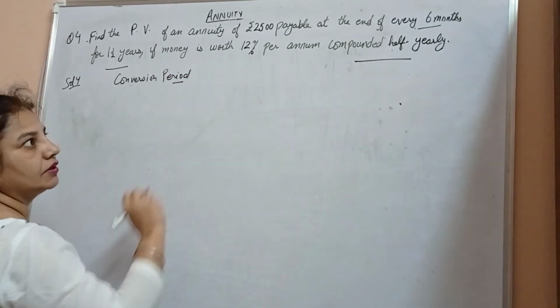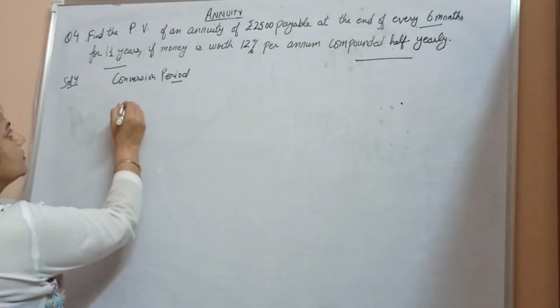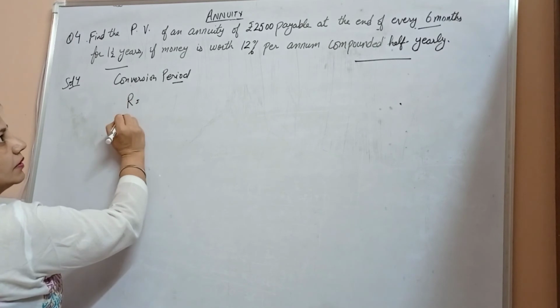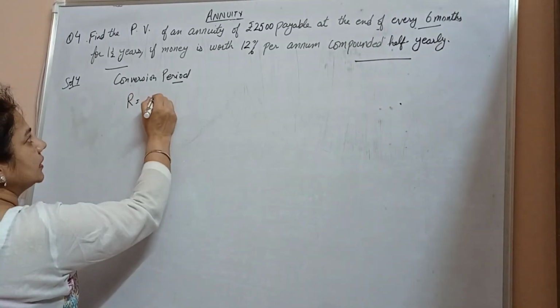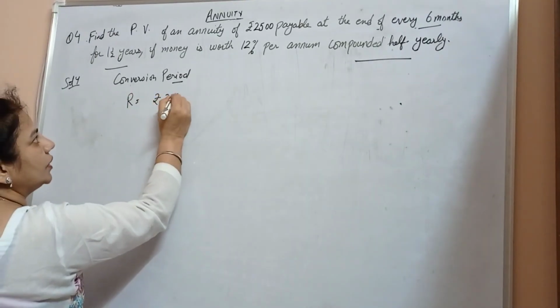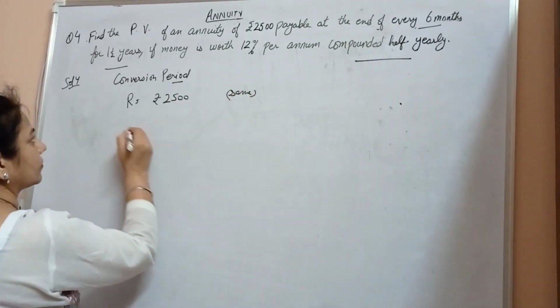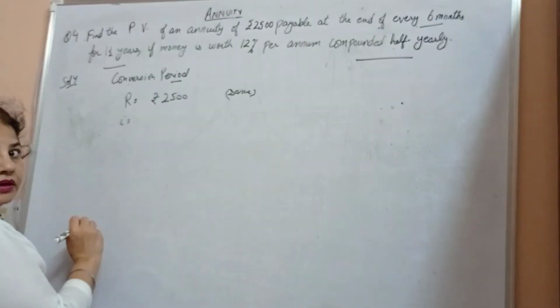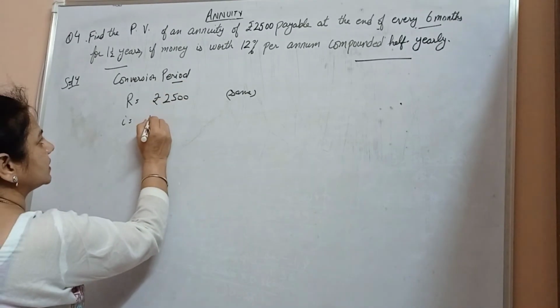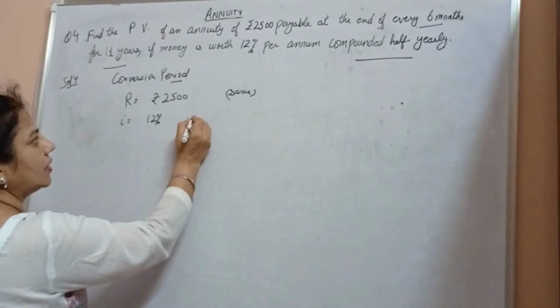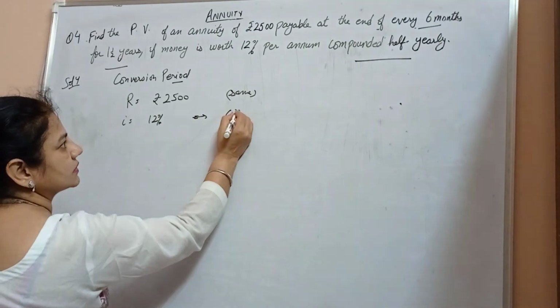Since it is compounded half yearly, in the conversion period the payment will remain the same. The payable amount will be 2,500. Interest rate is given as 12%.